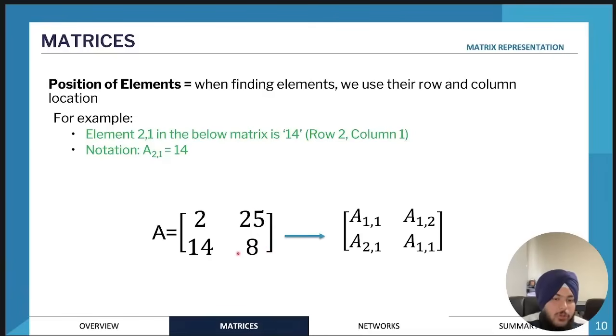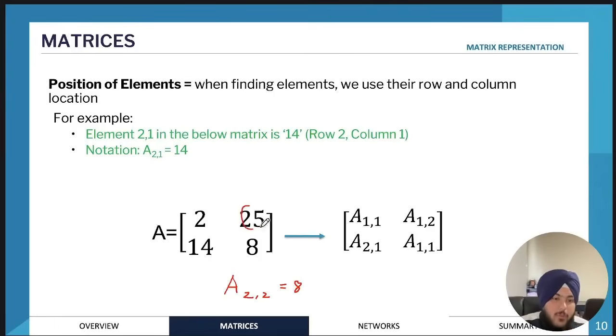So this element would be A, the row number, which is 2, and the column number, which is 2. So this element 8 would be A22. This is how we denote specific elements in the matrix.